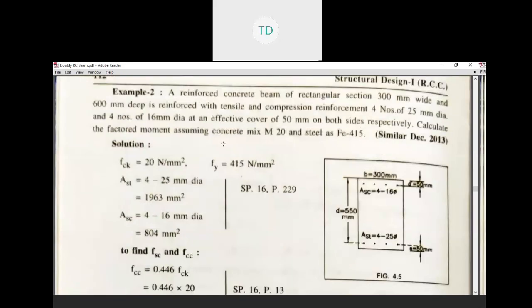The problem is a reinforced concrete beam of rectangular section 300 mm wide and 600 mm deep, reinforced with tensile and compression reinforcement, four numbers of 20 mm diameter and four numbers of 16 mm diameter, at an effective cover of 20 mm on both sides, respectively. Calculate the factored moment assuming concrete M20 and steel Fe415.